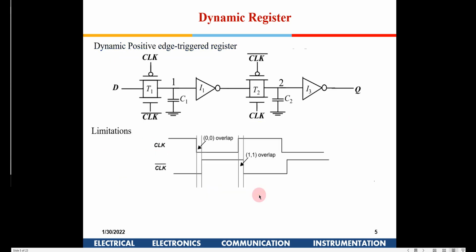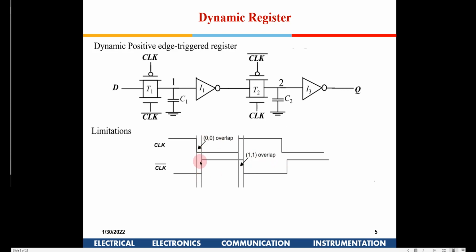Now there is one more issue out here. If you see the dynamic positive latch trigger, there was an issue. You wanted to know what jitter would do. If you see here, this is 0 0 out here.